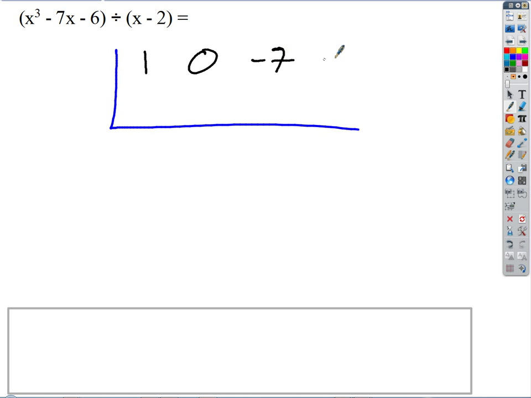Then -7 and -6. We can always do a quick check. If this is a cubic polynomial in the numerator, we always know we're going to have the degree plus 1 terms. Cubic, 3 plus 1 is 4 terms, and I do, so I know I got it.